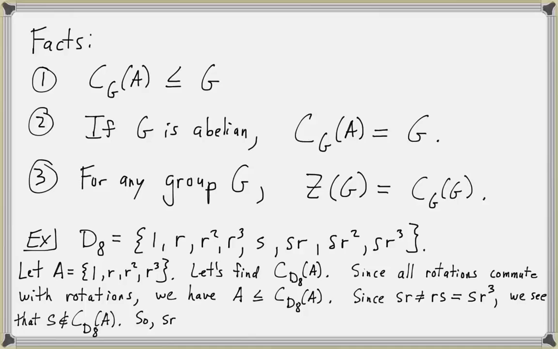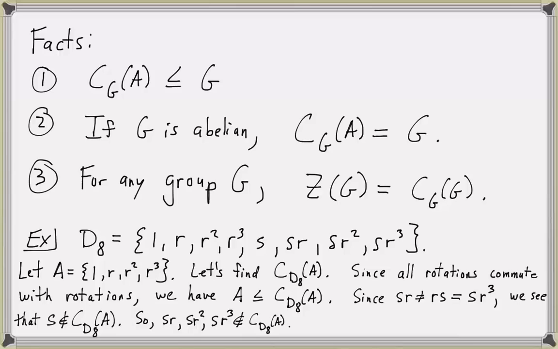So that means that sr, sr squared, and sr cubed are also not in the centralizer of A. Because if any of these elements were in the centralizer, then by multiplying by the inverse of the rotation, we would also have s in the centralizer.